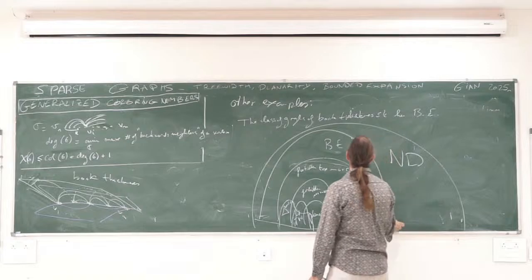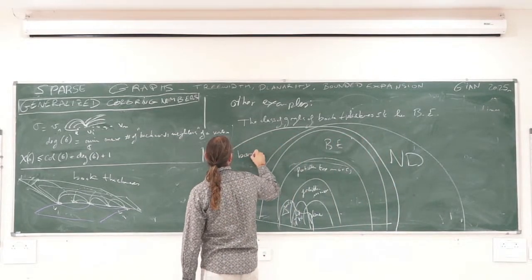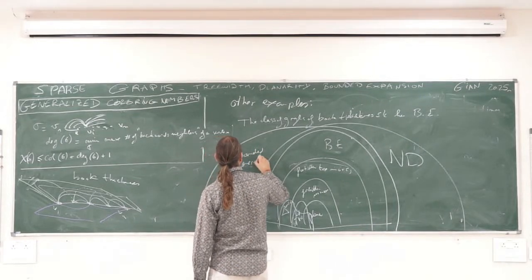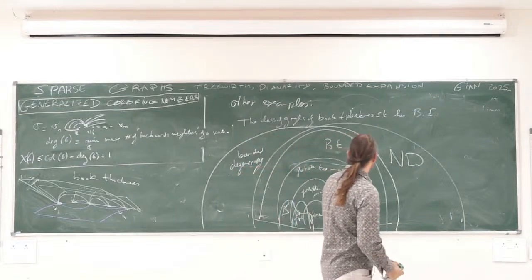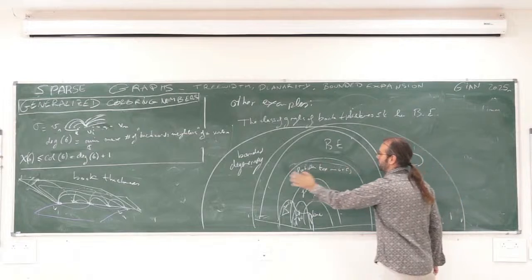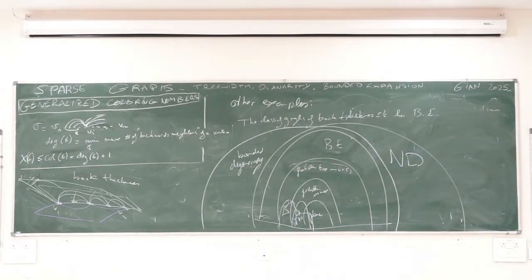And there is bounded degeneracy. So bounded expansion classes are both nowhere dense and bounded degeneracy, but nowhere dense classes are not necessarily bounded degeneracy and vice versa. That's the big picture.